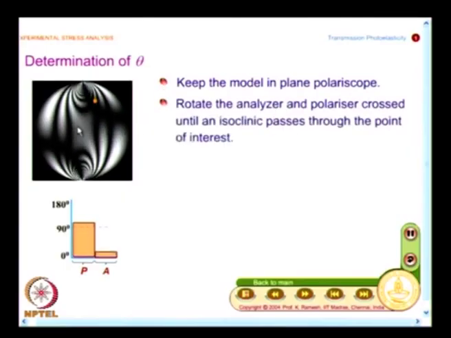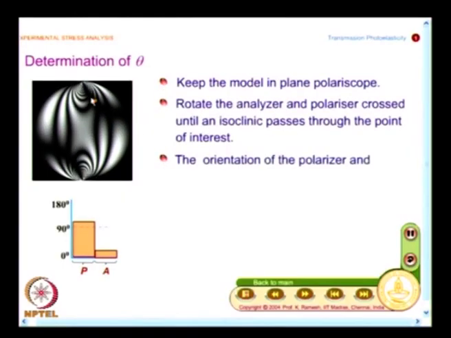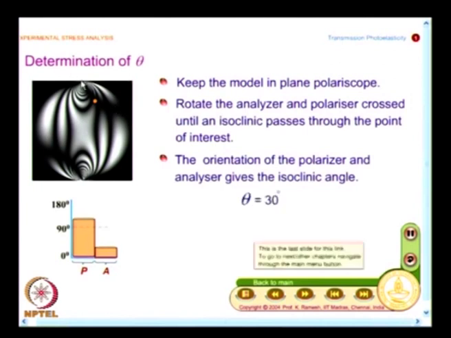We found that a 30-degree isoclinic passed through the point of interest. So, I have theta at this point of interest as 30 degrees. This information is needed for me to align the Babinet-Soleil compensator at the point of interest to introduce compensation. Understand this.